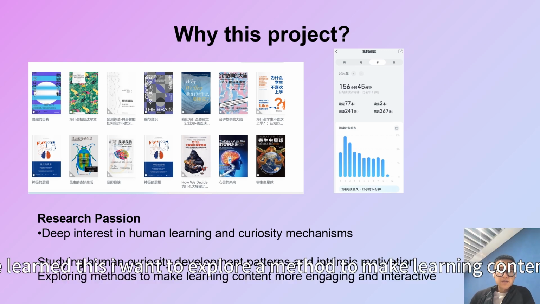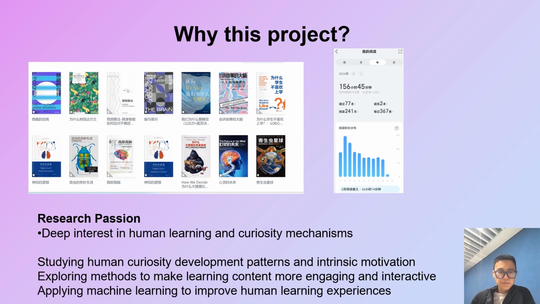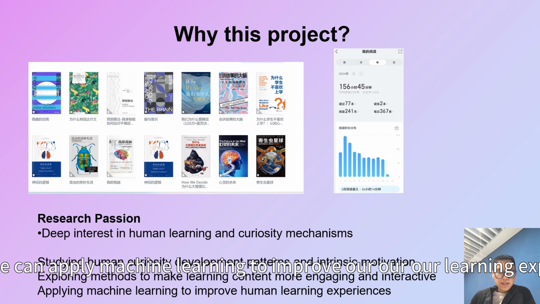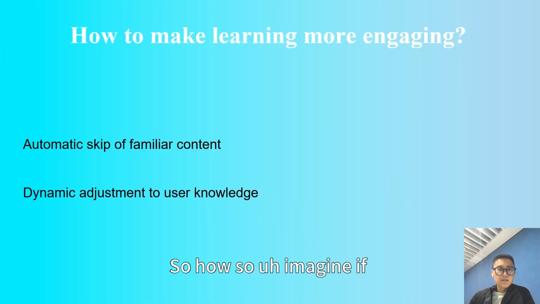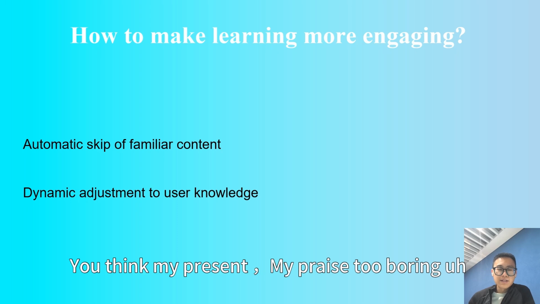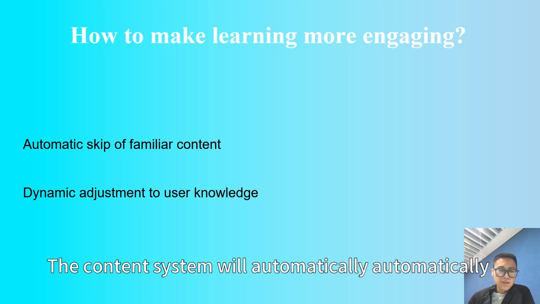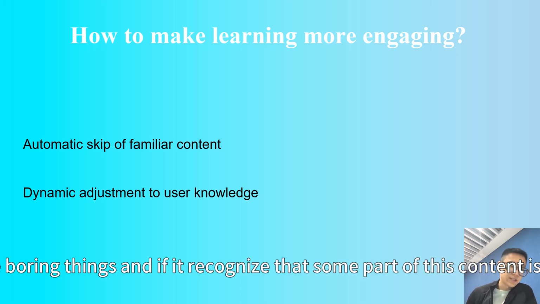After we learn this, I want to explore a method to make learning content more engaging and interactive, and so we can apply machine learning to improve our learning experience. So how? Imagine if you think my praise is too boring, the content system will automatically skip the boring things.